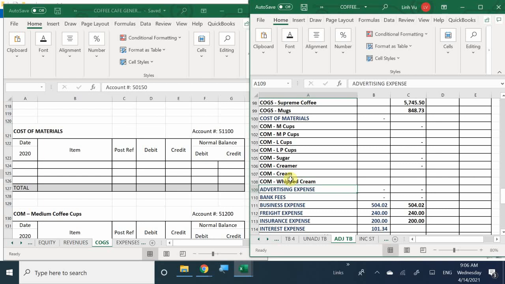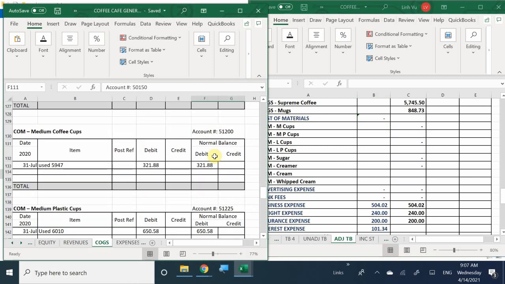Okay, so let's go ahead and go through all of those costs. We have to fix our formula now because we have more cost of materials to consider. First things first, what was the cost of materials for my large cups?